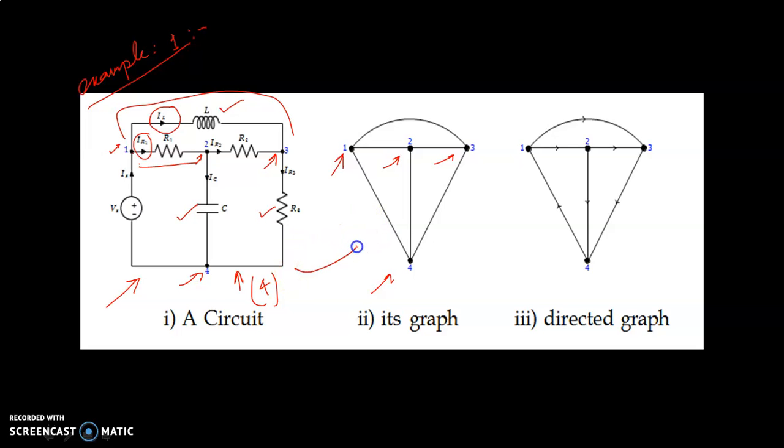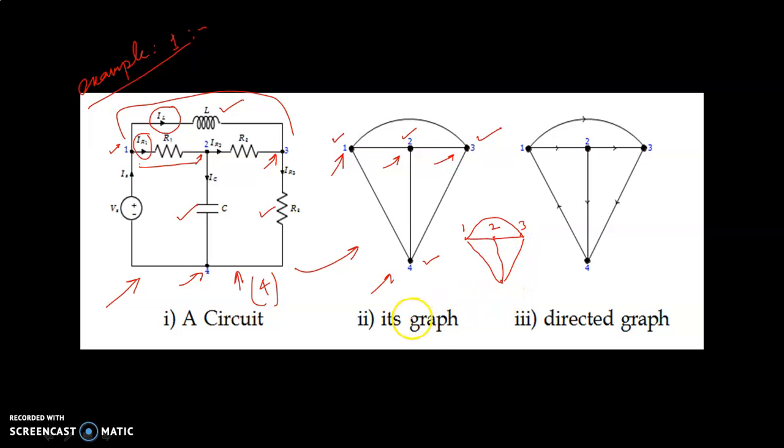This circuit will be represented by its graph when all the nodes are drawn like this. See this? 1, 2, 3 or 4. It is connected. 1 connected, 2 connected, 3 connected. 1 is connected to 3. 1 is connected to 4 like this, and 4 is connected to 3.